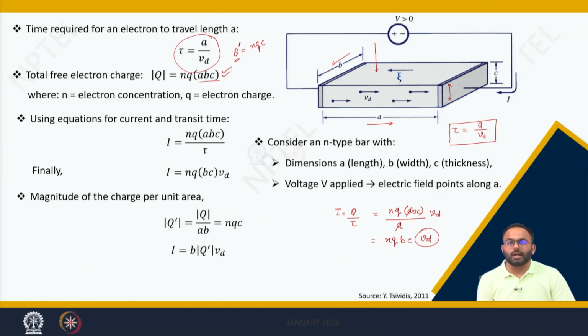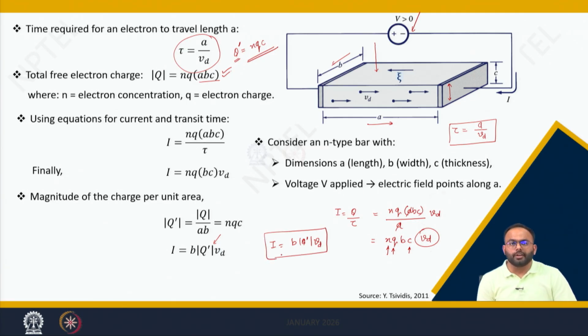Drift velocity means a directed velocity which is provided by the applied voltage. This equation can be rewritten in terms of charge per unit area, where N into Q into C is nothing but charge per unit area. So I can be written as B into Q dash into Vd.